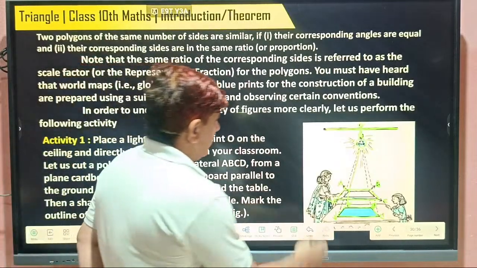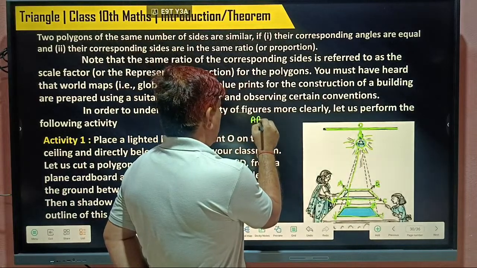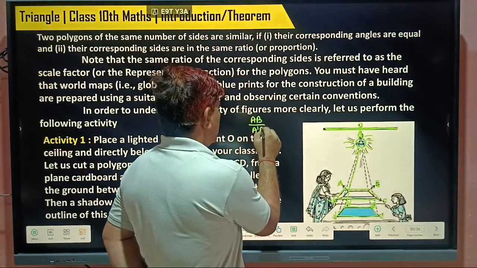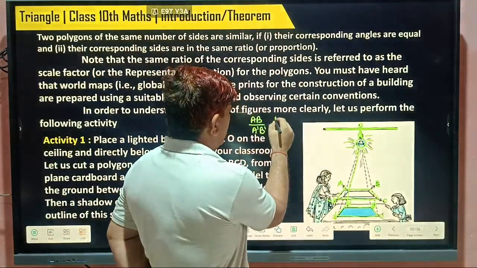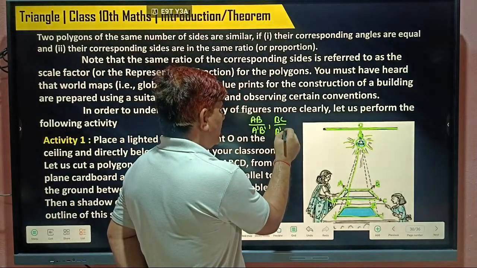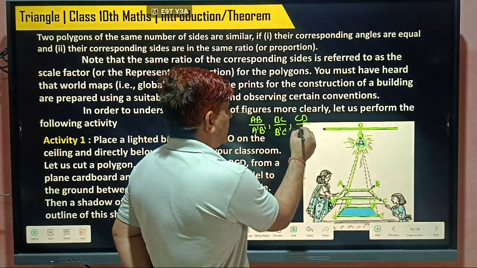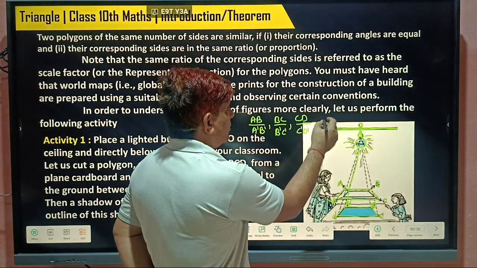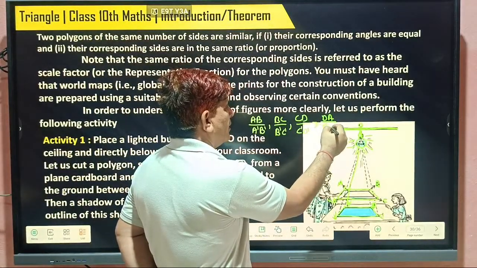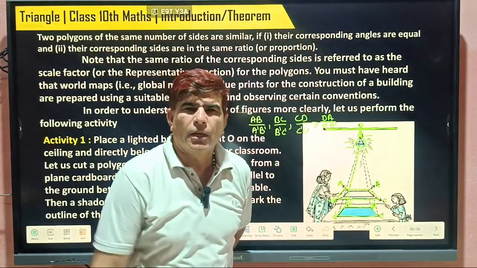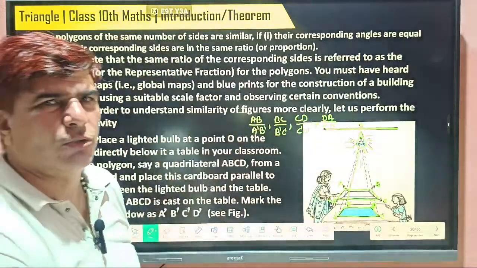And after this activity, if you find out AB by A dash B dash, then BC by B dash C dash, CD by C dash D dash, and DA by D dash A dash, if you can measure these, all are in the same ratio.